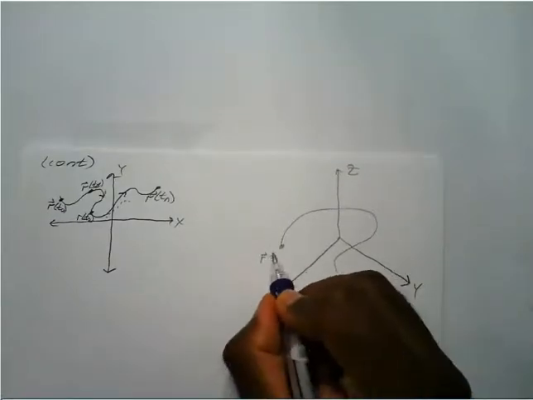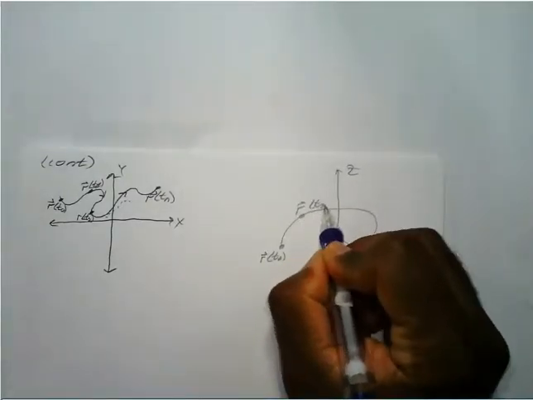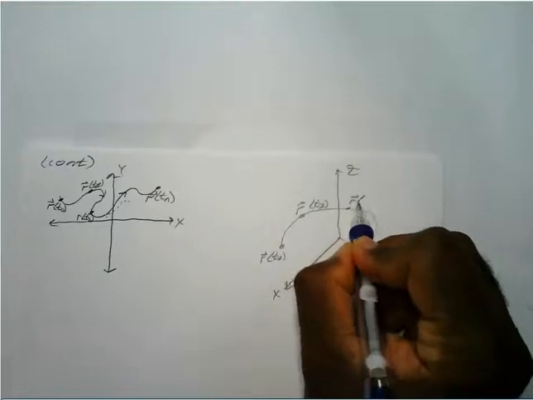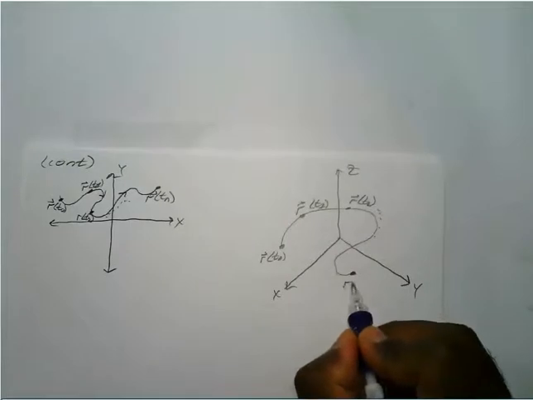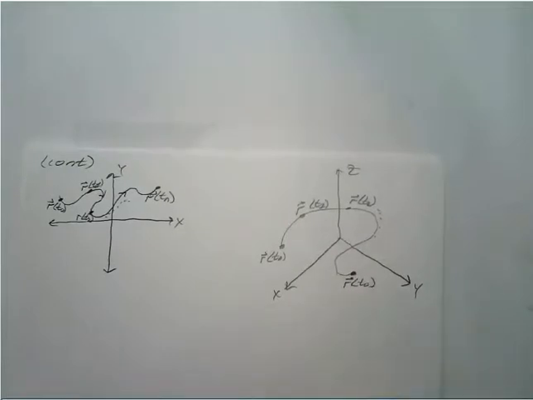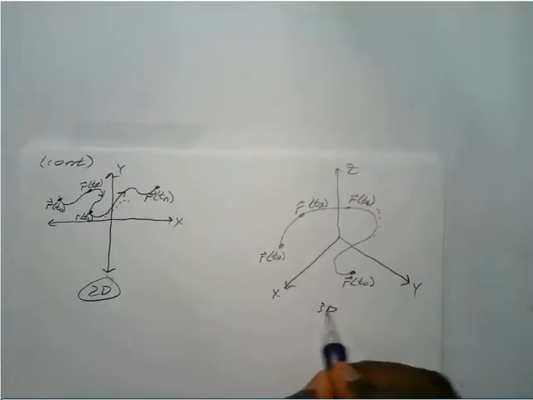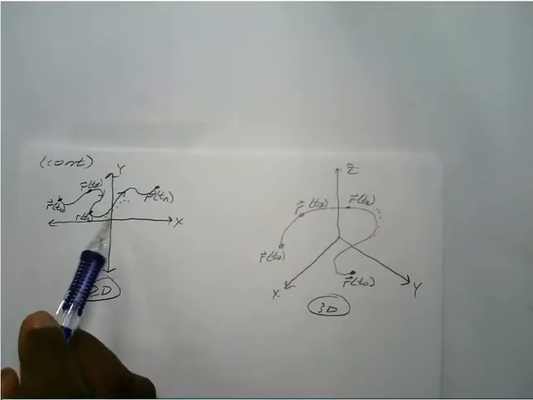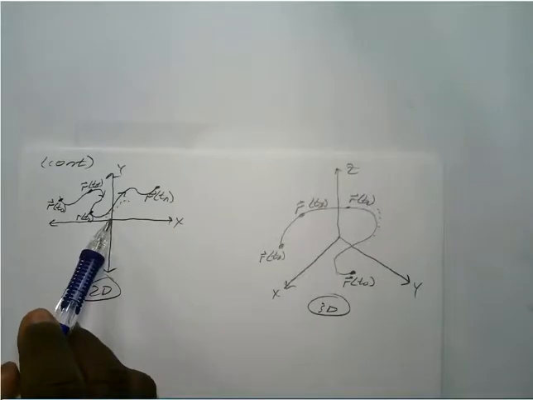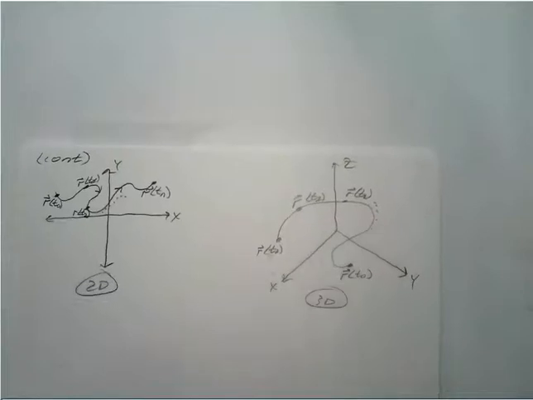Again, we have our vector t sub 0, our vector t sub 1, our vector t sub 2, and it keeps on going all the way to the end. So this is our 2-dimensional, and this is our 3-dimensional. And remember, your vector just goes from your origin to each point.